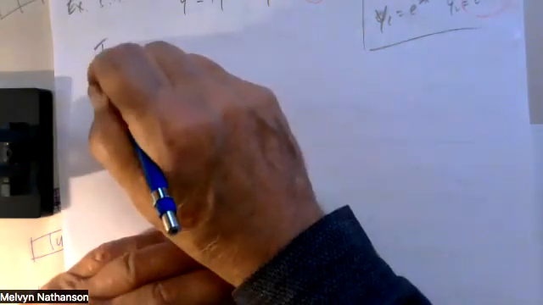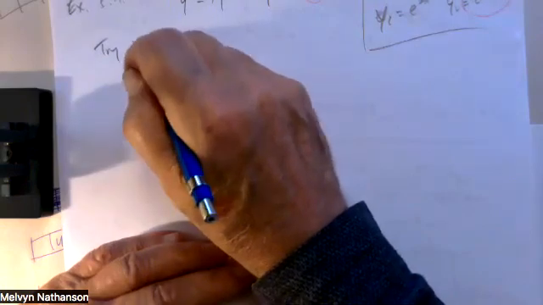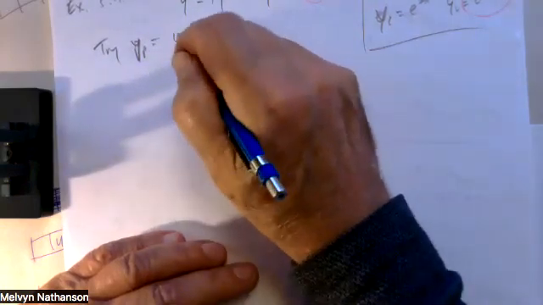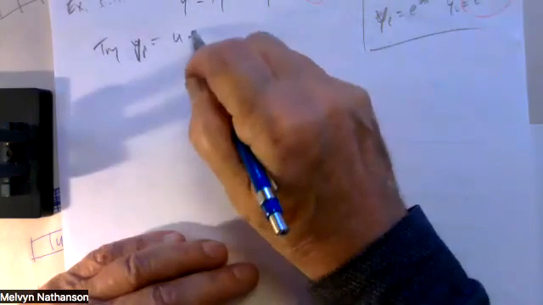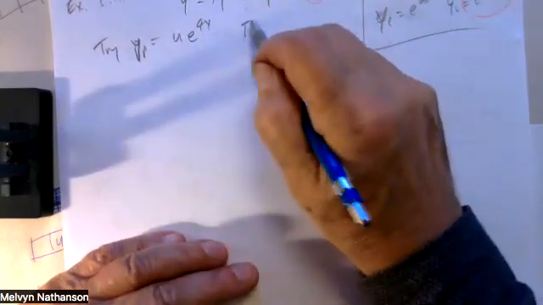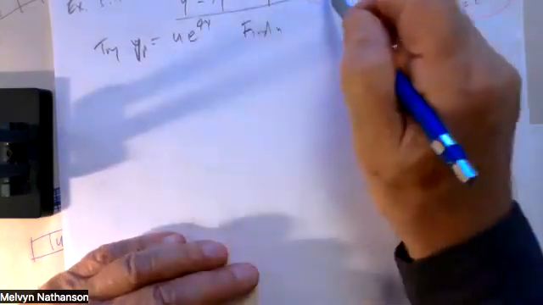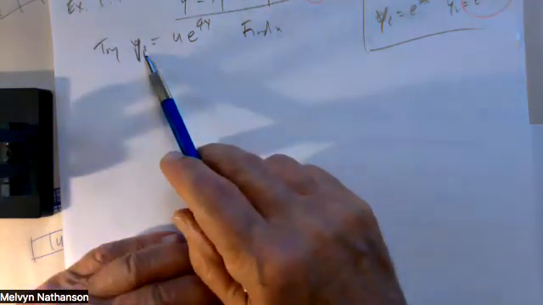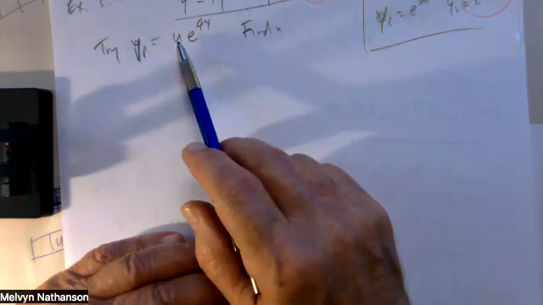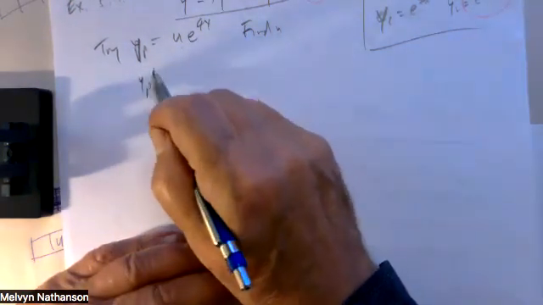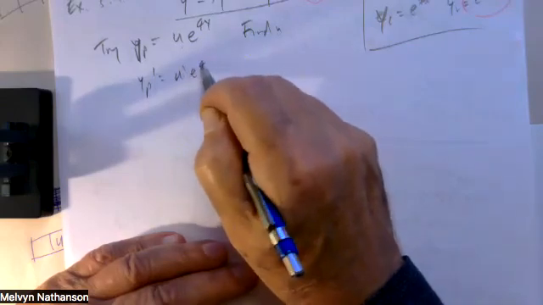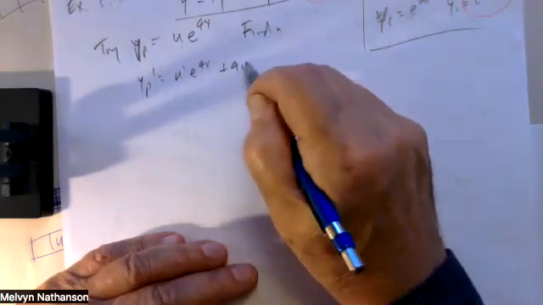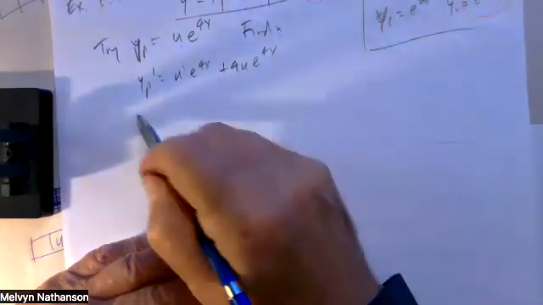So let's do something else. Let's try a particular solution, y sub p, which is some function u times e to the 4x. We want to find a u that gives a solution of the non-homogeneous equation. If this is my possible solution, the first derivative is u prime e to the 4x plus 4u e to the 4x.